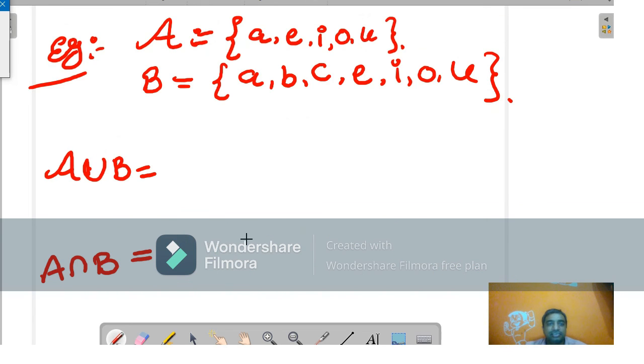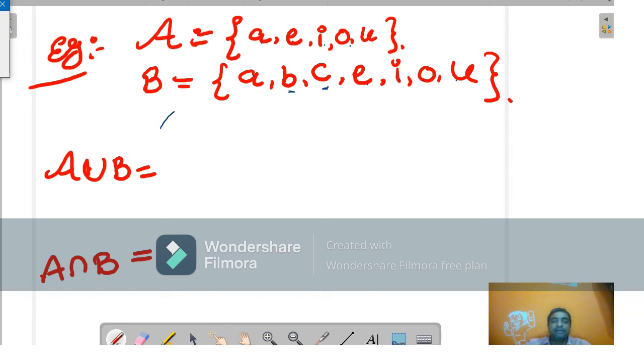Coming to one more example. Now if you observe A and B, A is present in both, E is present in both, I is present in both, O is present in both, U is present in both. But B contains extra B and C, two elements extra.